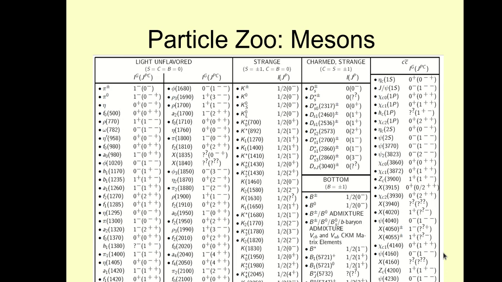And with I to the power G, it's not actually a power, it is just a superscript, so minus corresponds to their G parity. But I won't go into the technicalities of these at the moment. I just want to tell you that there are a large number of mesons which are light, unflavored, strange ones, charmed ones, and bottom ones, even neutral charm, neutral bottom, strange numbers, and so on. And the list is not complete.